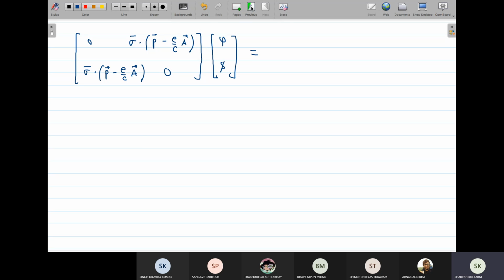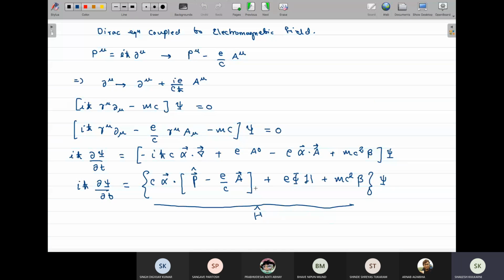I will first write this matrix, 0, sigma dot P minus e by c A, sigma dot P minus e by c A, 0, acting on phi chi. This term I have written acting on phi chi is equal to this minus this piece.